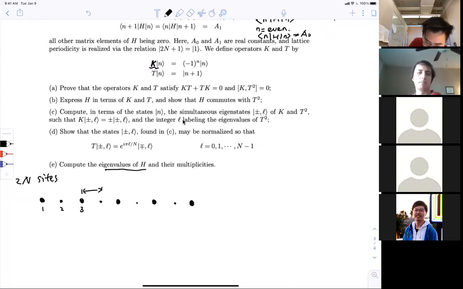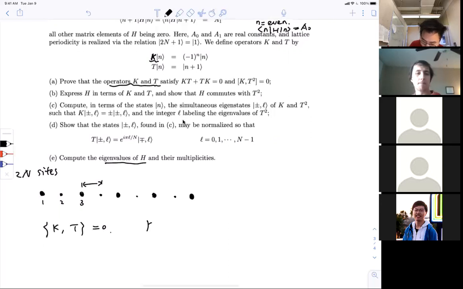First we need to prove operators K and T anti-commute, so KT plus TK equals 0. To show that, we just need to show that KT plus TK acting on any state in the Hilbert space is 0.